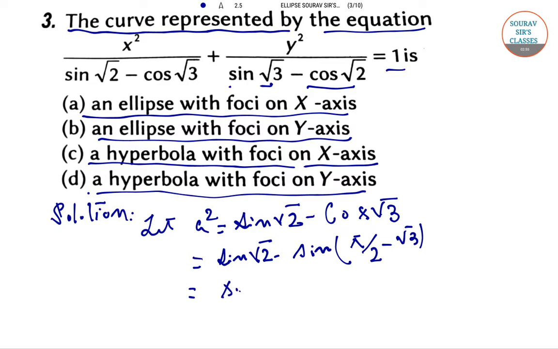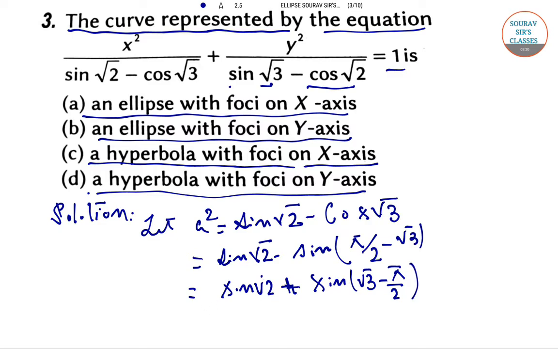Sine root 2 plus sine root 3. If you interchange the signs, this becomes minus, and sine minus theta is minus sine theta, so that makes it sine of root 3 minus pi by 2.